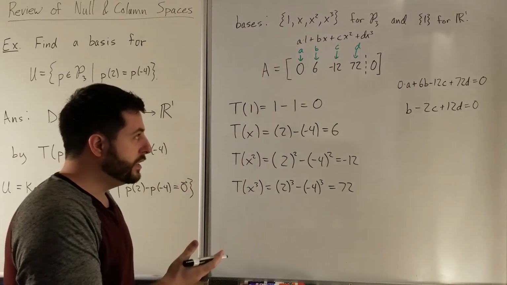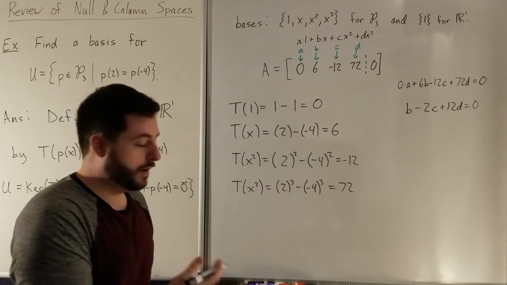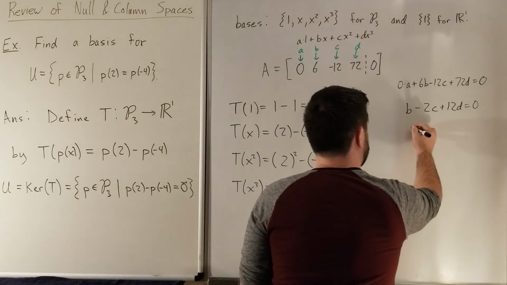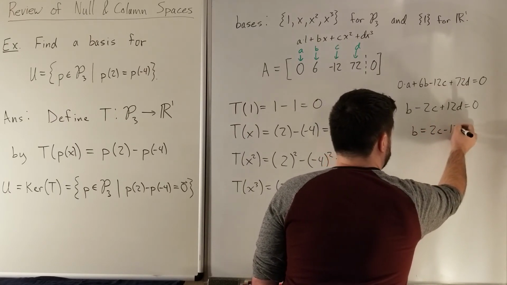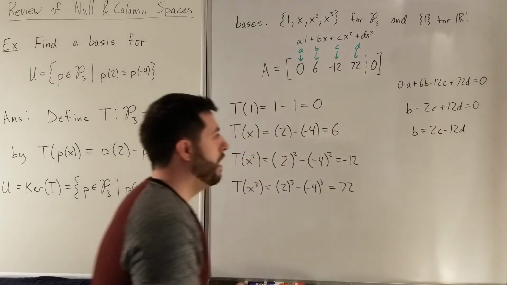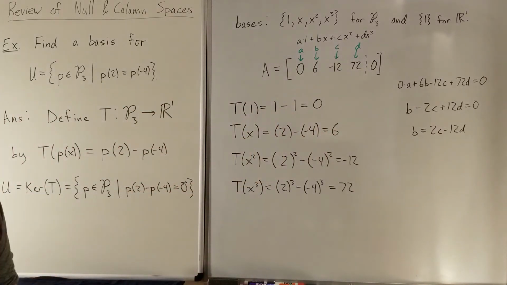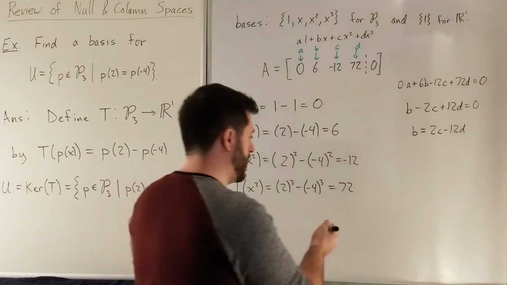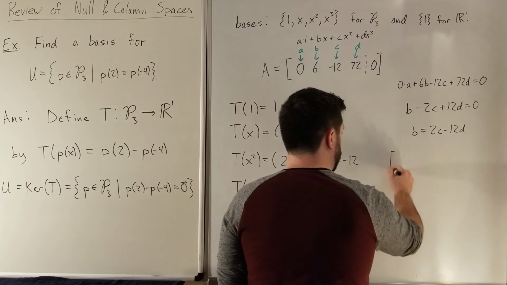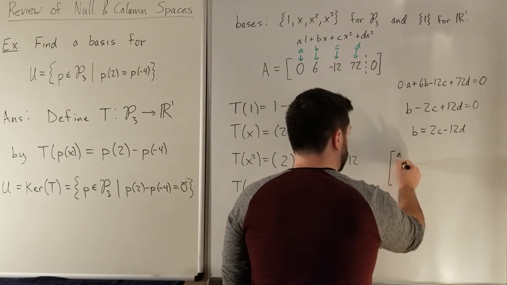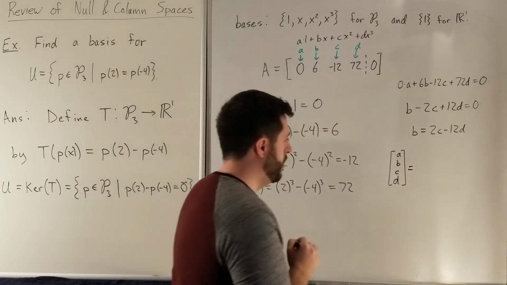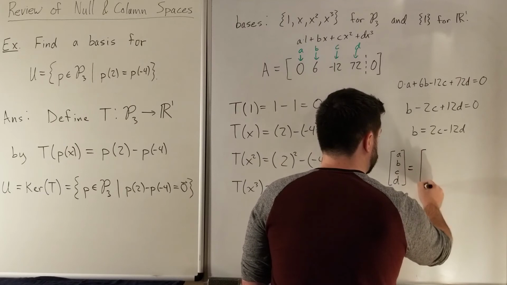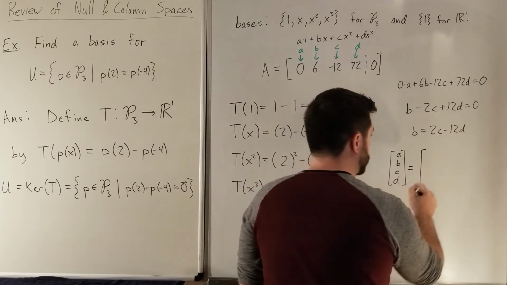Okay, now we're going to choose one of these things to solve for. I'm going to solve for the easiest one, which is B, and say that B is equal to 2C minus 12D. All right, this is the only relation we have because we only have one row. And so we just have this one restriction. And when we try to write a generic vector here, A, B, C, D, we can replace the B with what it's equal to, 2C minus 12D.